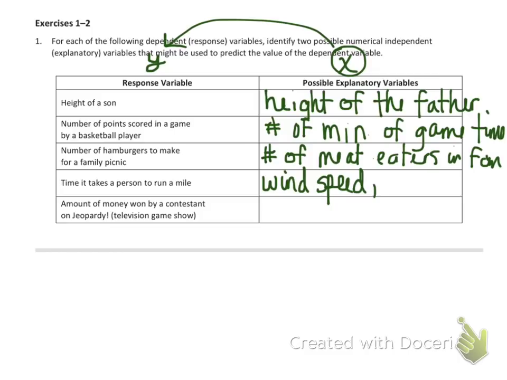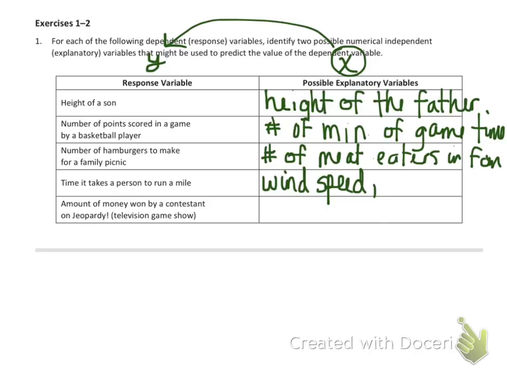Another one that your answer key has is height above sea level. The higher you are above sea level, the less oxygen there is, so it's going to be harder to run a mile. So those are all some explanatory variables that might be good ways to predict the time it takes someone to run a mile.